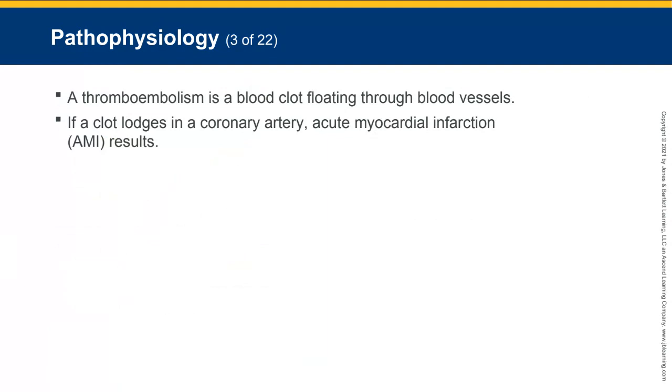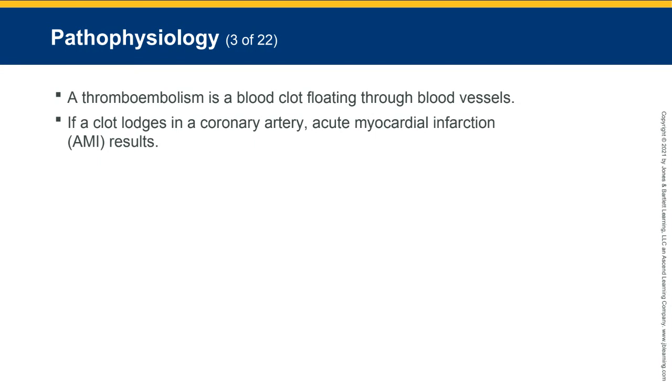A thromboembolism is a blood clot floating through the blood vessel. So you will come across the term thrombus and embolus. Both represent a clot. A thrombus is a clot that forms in the area. So like how I just explained the clot forming in the coronary artery, that's a thrombus.